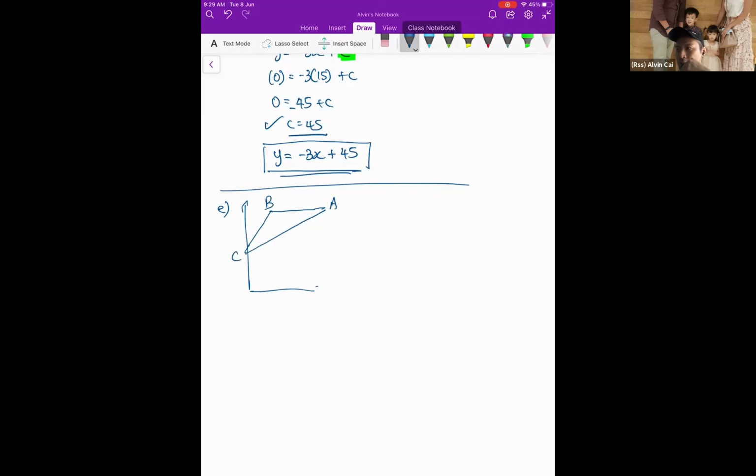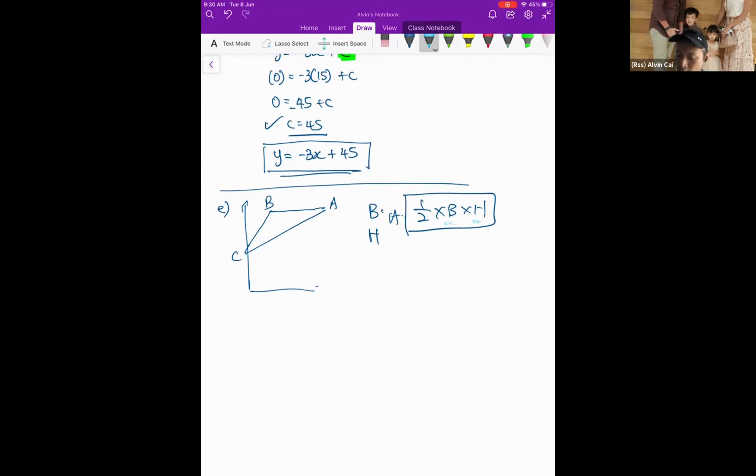So for this kind of graph, we try to use the base and the height. Remember the base and the height, because the area of a triangle is half times base times height, am I right? And we want to use the base and the height that can be easily found. So the base must be a horizontal base and the height must be a vertical height.